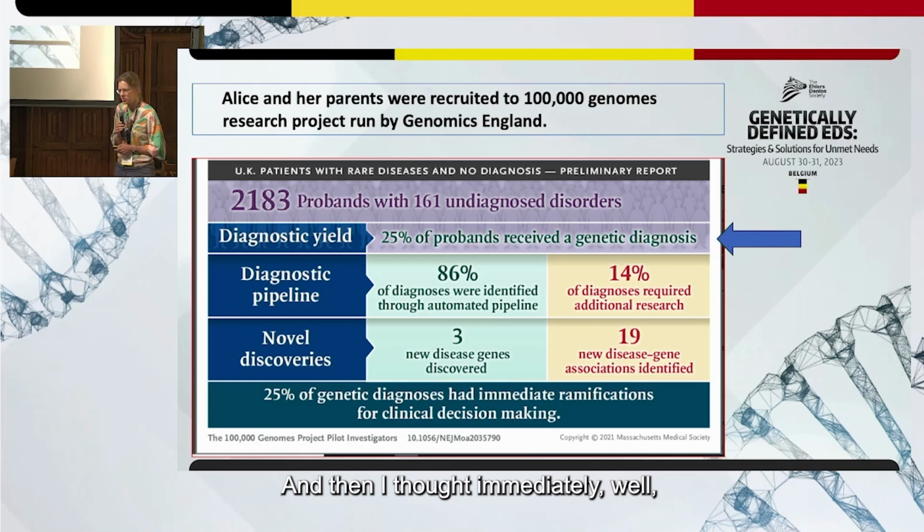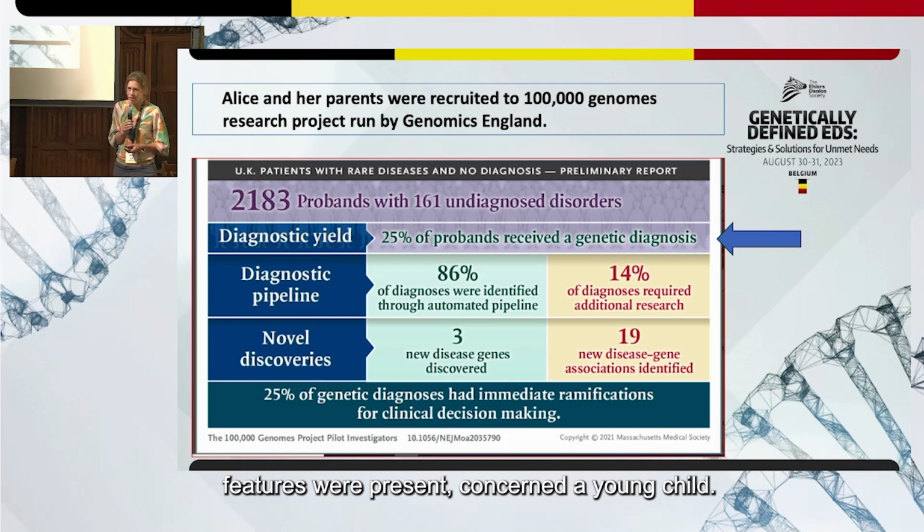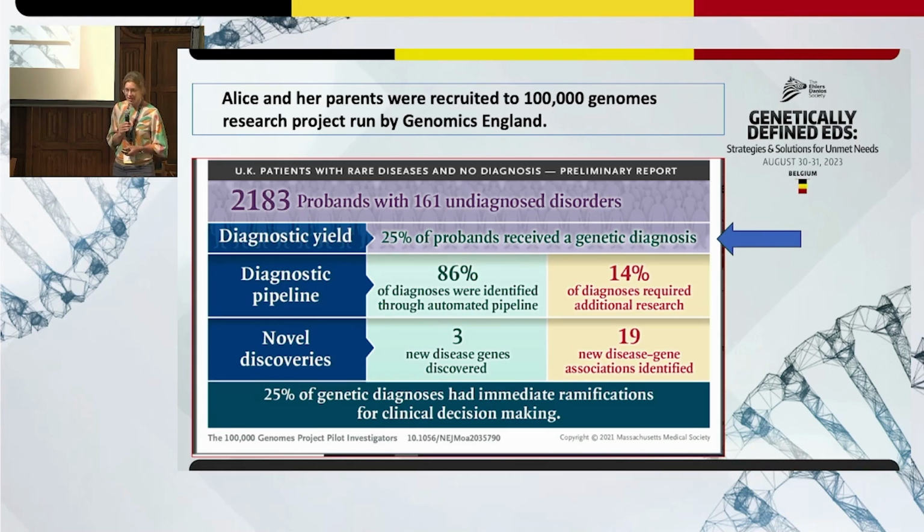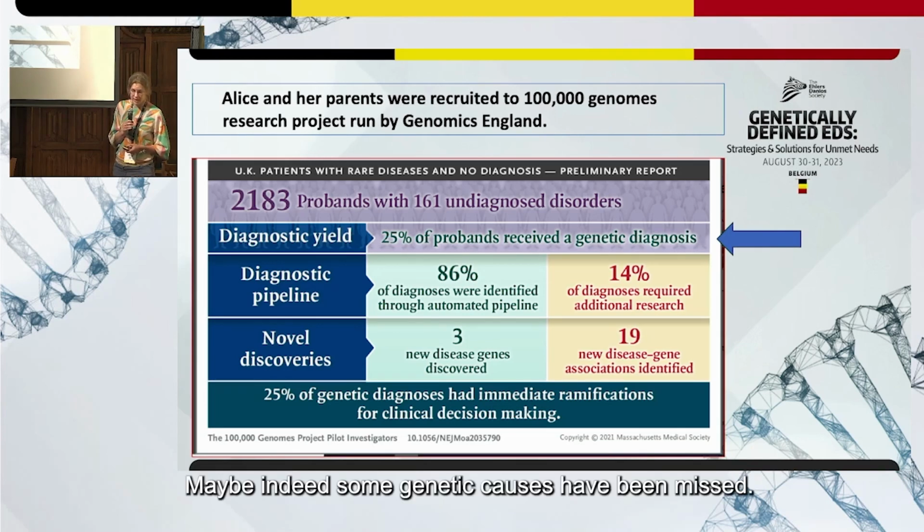And then I thought immediately, well, what happened to the other 75%? That's a question mark. Well, maybe there are various reasons. Maybe it wasn't a monogenic condition, maybe the wrong panel was applied because not all clinical features were present, as it concerned a young child. Maybe indeed some genetic causes have been missed.